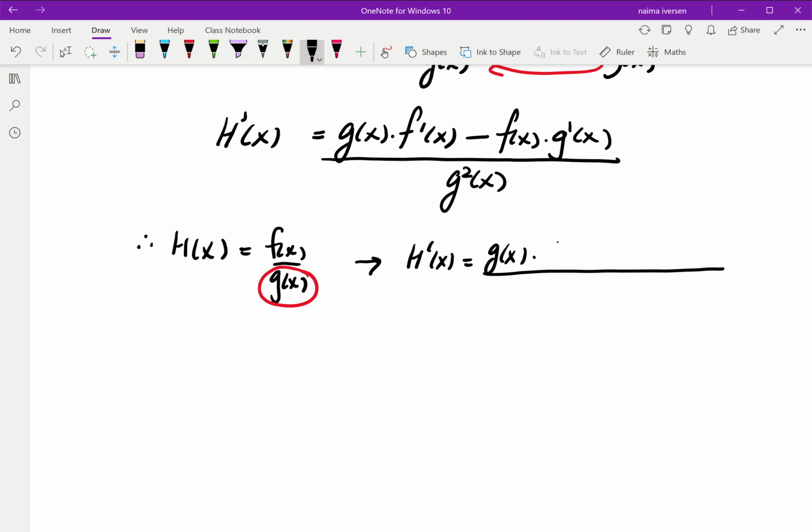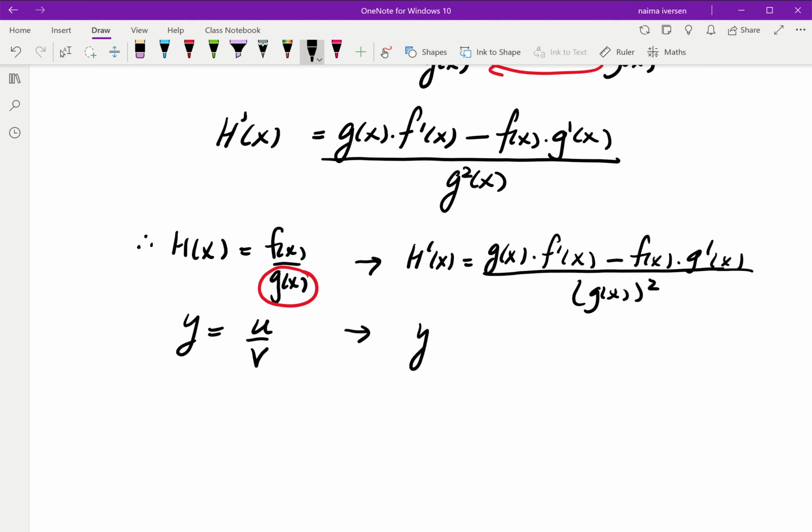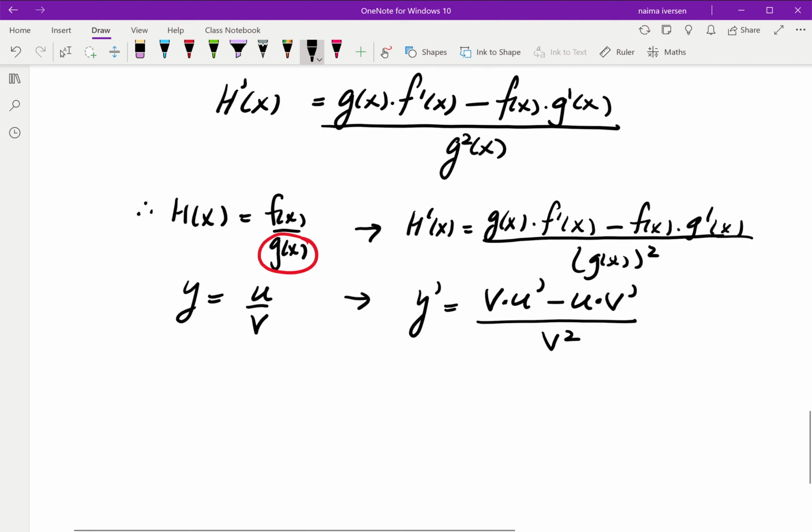Bottom function times the derivative of the top minus the top function times the derivative of the bottom, all divided by the bottom function squared. Or if you'd prefer to have y is equal to u over v, your y prime value is the bottom function, that's v, times the derivative of the top, minus the top function, that's u, times the derivative of the bottom, all divided by the bottom function squared.